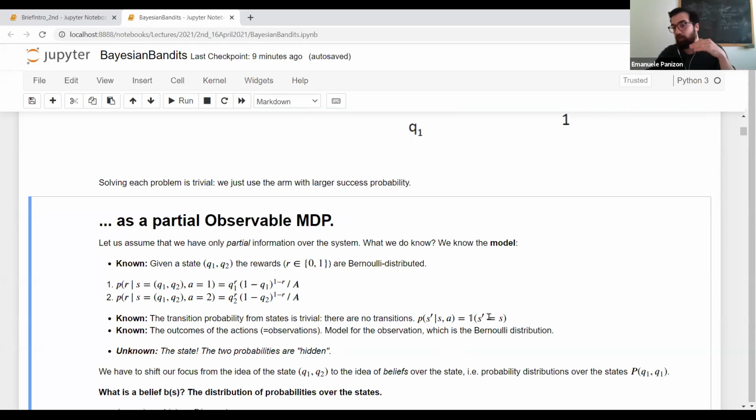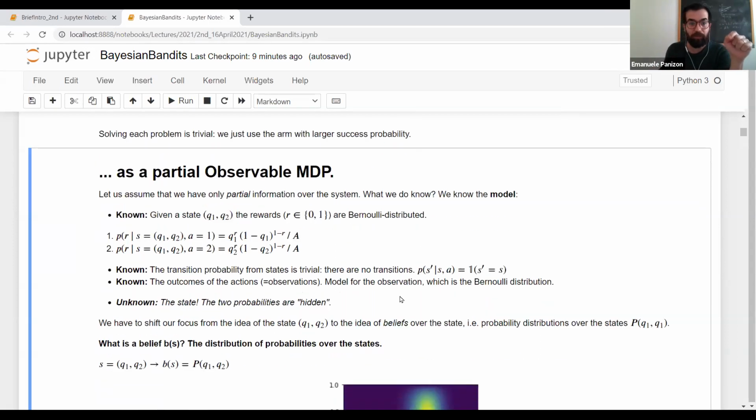And if you go back to all the theory described yesterday, whenever you have an equation in which you have a sum over S prime and the probability of transition, that sum goes away. Only transitions from S to S remain, and they happen with probability 1. So this is known, and it's a very simplifying fact of life.